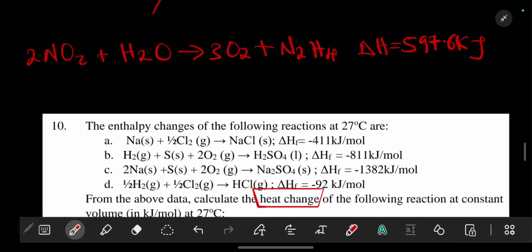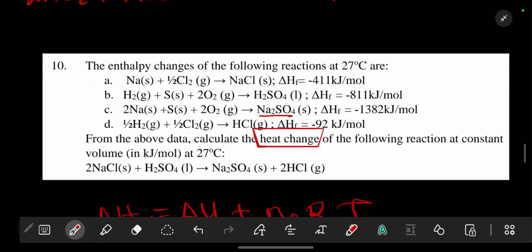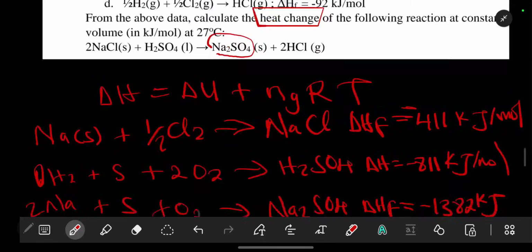If we look at our C, it has got sodium sulfate. Do we have sodium sulfate in the equation? So we have sodium sulfate on this side, like that. This means we are going to maintain our C because we already have the sodium sulfate this side where it's supposed to be.